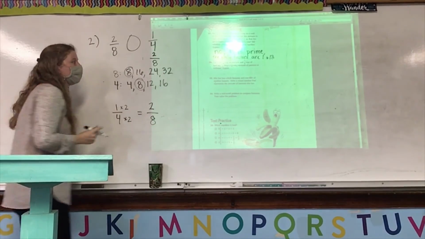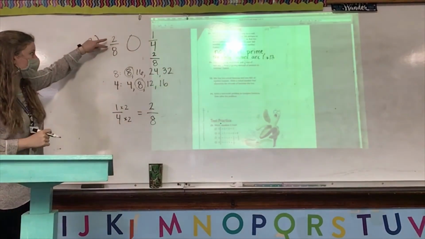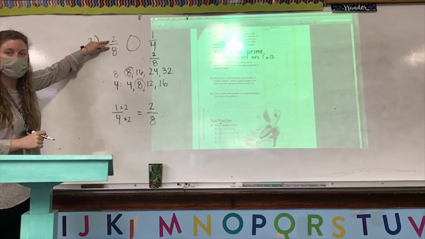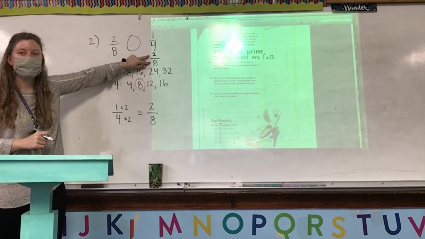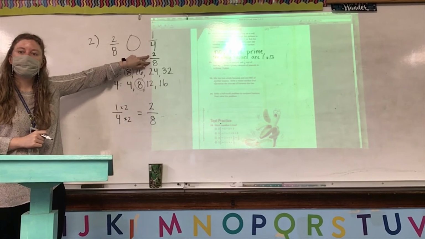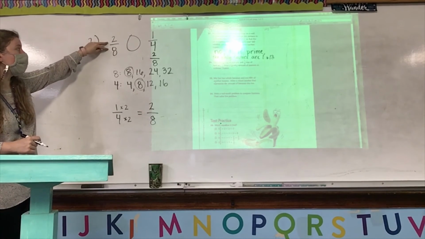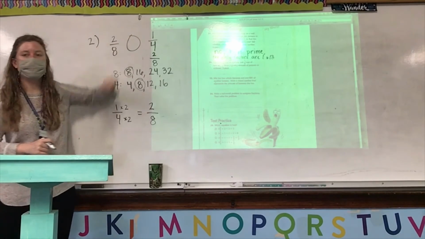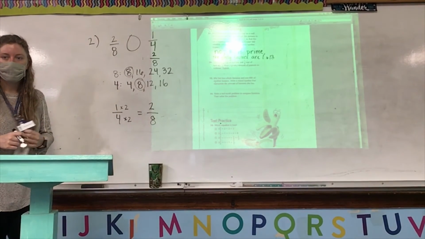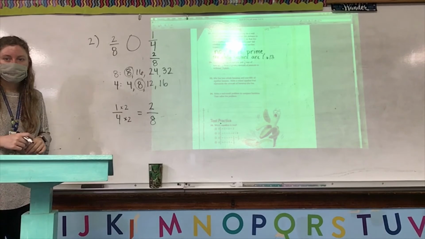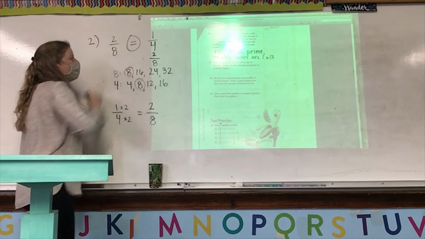Now we compare. Is 2/8 greater than, less than, or equal to 2/8? It is equal. So that means 2/8 is greater than, less than, or equal to 1/4? Equal to.